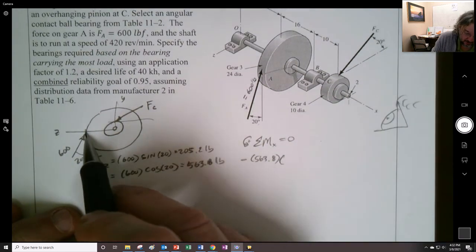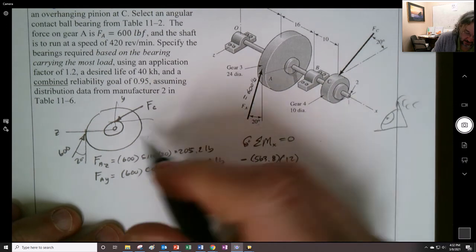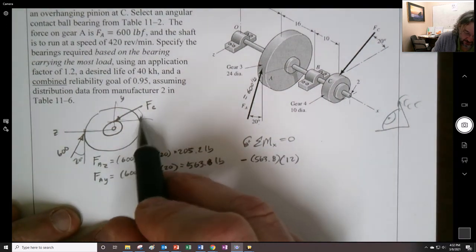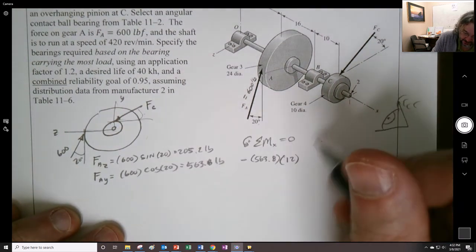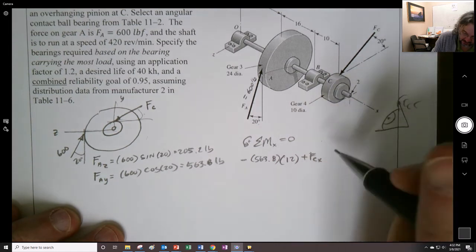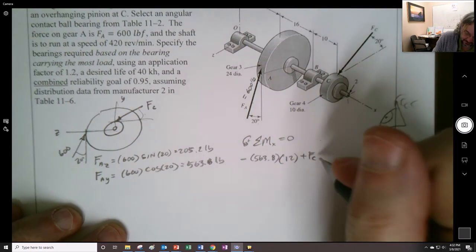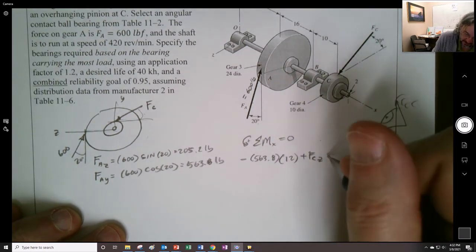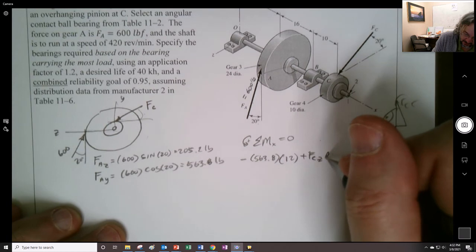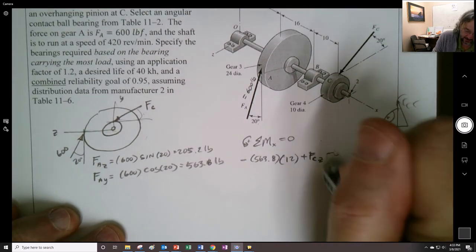Times our 12 right here. And then this one right here, remember that's 20 degrees, so that's going to be plus FCXZ. It's in the Z direction, sorry. Z times the cosine, well, no, not cosine, because I'm actually getting the value, right?